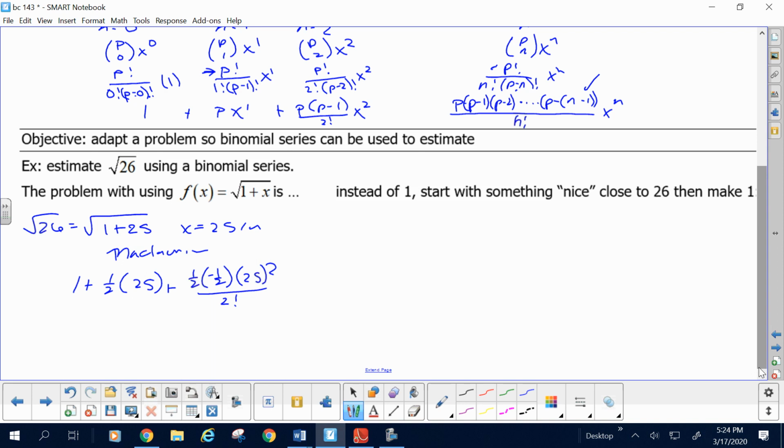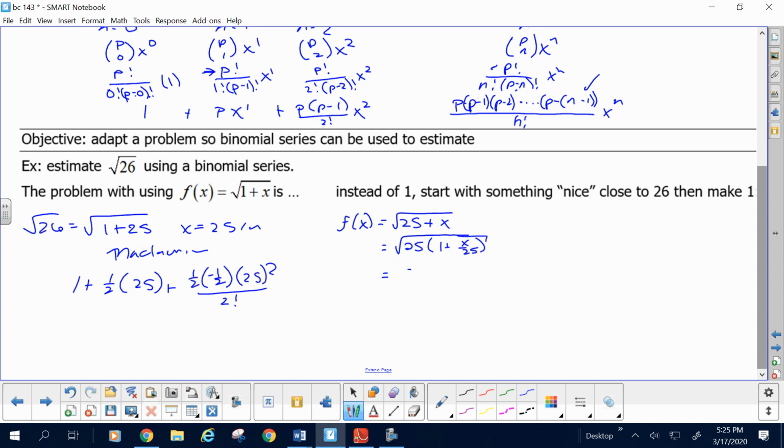So instead, we could start with something like f is 25 plus x. We could make the 1 by factoring out 25. Oops, factoring out the 25. Then it would be 1 plus x over 25, yeah?